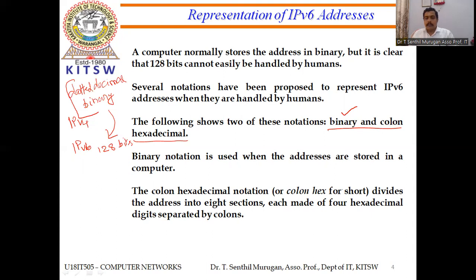The colon hexadecimal notation divides the address into 8 sections. Previously in IPv4, we had 4 sections separated by dots, but here we separate by colons.